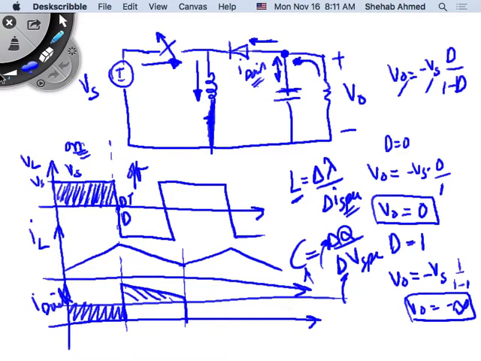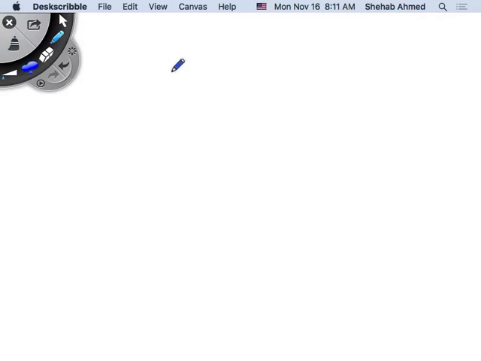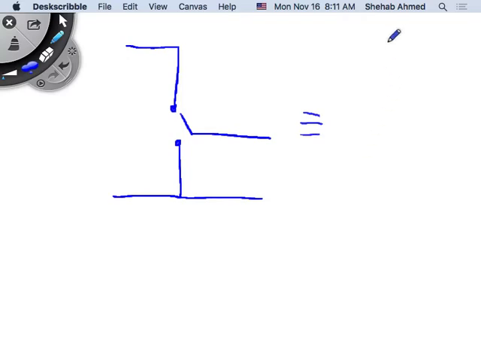So I like to abstract it more and use this representation of an arm that moves between this node and this node, where this is equivalent to a switch at the top and a switch at the bottom, and just these two terminals coming out of it.